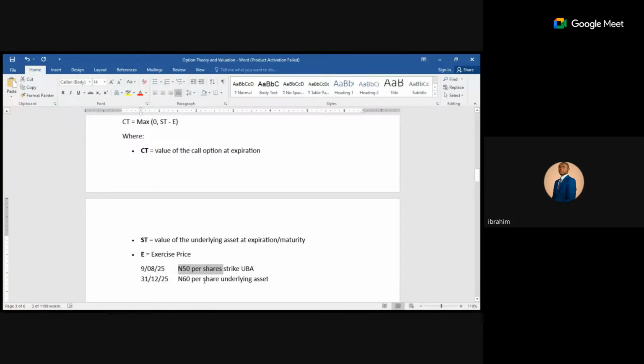On getting to 31st December 2025, the price of the underlying asset, or the share price, or the current market price of that underlying asset becomes what? 16 naira.